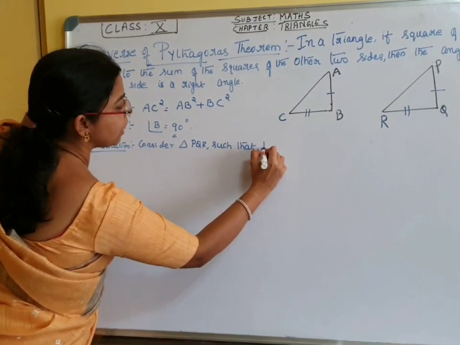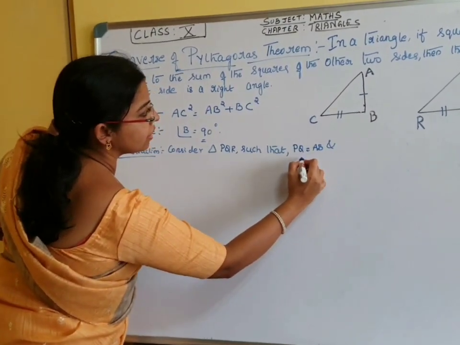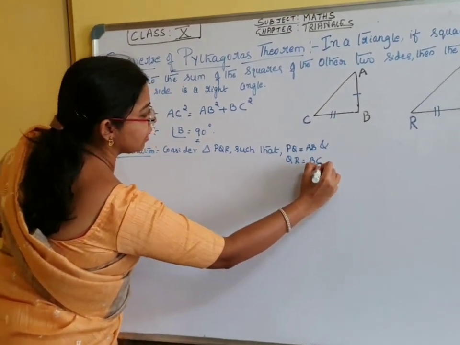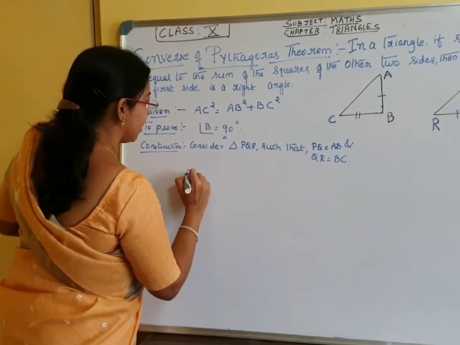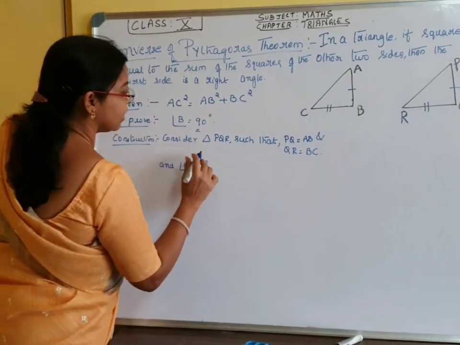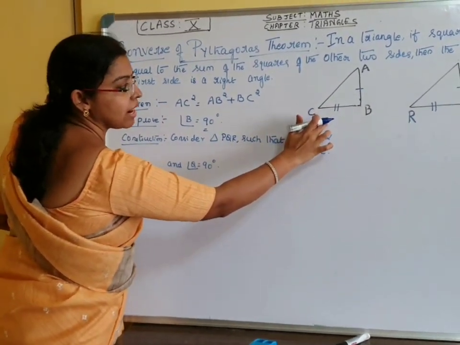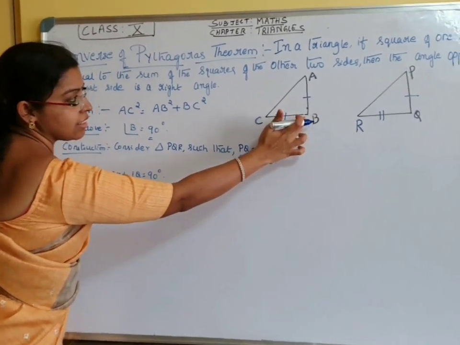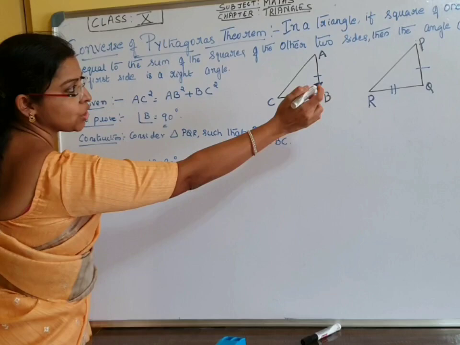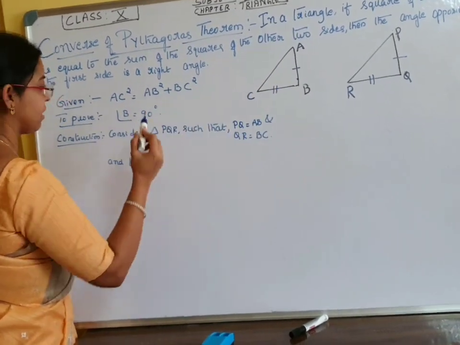So PQR is a right triangle. For ABC we have to prove it is a right triangle and the 90 degree is at B. We need to prove that. Here PQR is a right triangle in which Q is 90 degrees, PQ is equal to AB and QR is equal to BC.